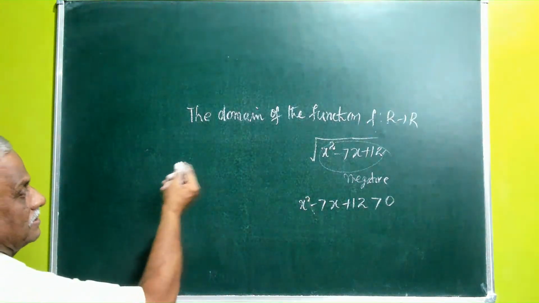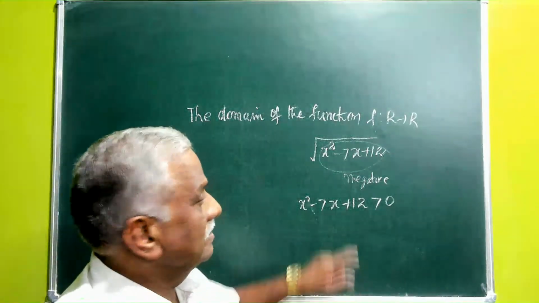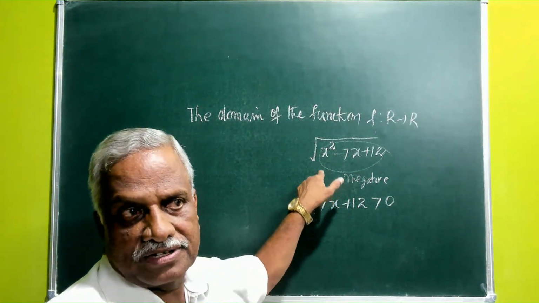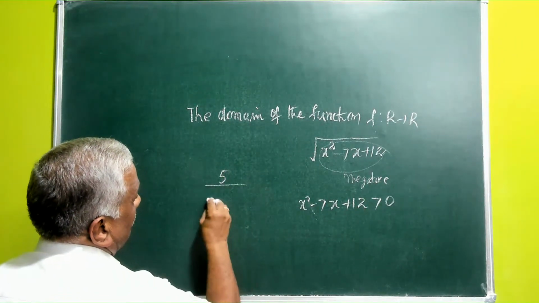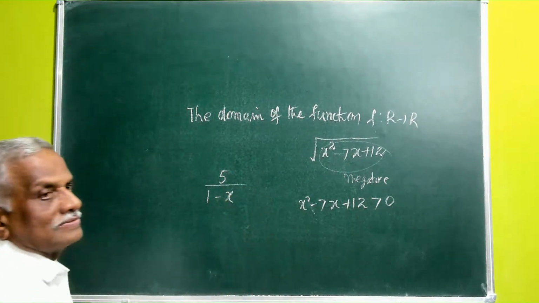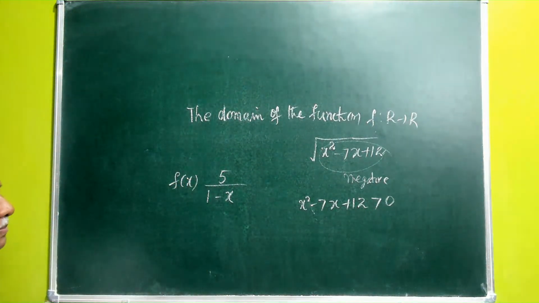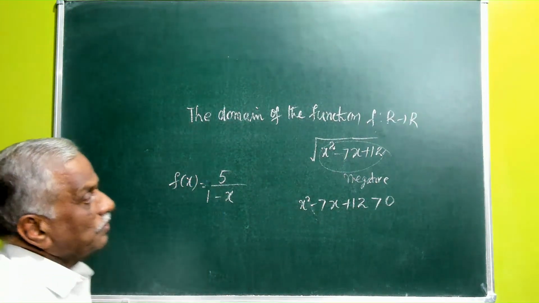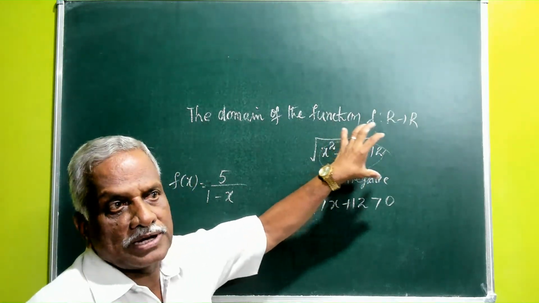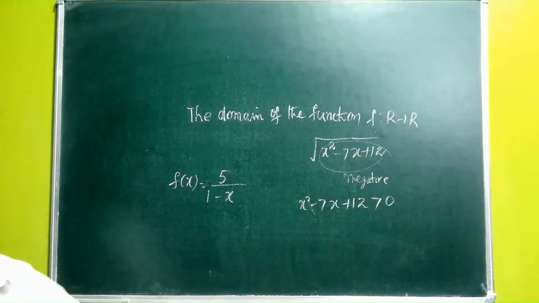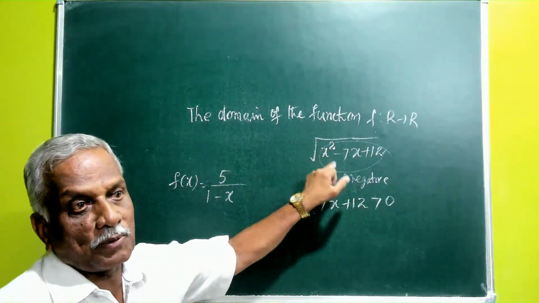The other possibility here, I'm not going to discuss many functions, but I'm just giving an idea. Normally, whenever they ask for a domain, they will either give a root or a denominator, like f of x is equal to 1 over 1 minus x. These are the only two possibilities. Whenever a root is given, the function doesn't exist if the expression inside the root is less than 0, so it should be non-negative.